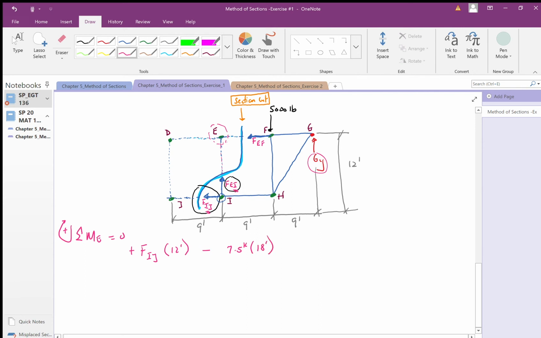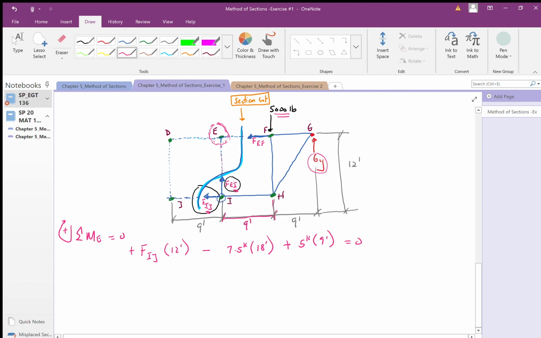Then we have this 5,000 pounds here, which is 9 feet away from point E, and that's going to give us a positive 5 kips times 9 feet, and that equals 0. Those are all the forces and their distances as they relate to point E.